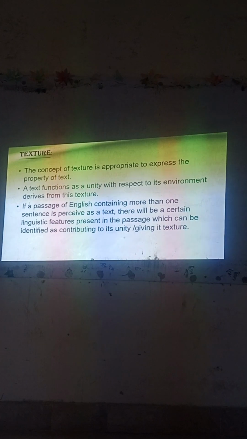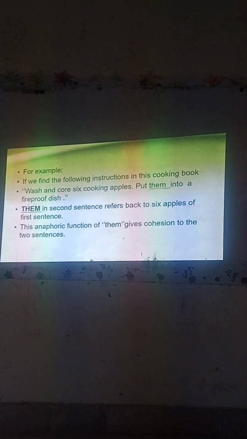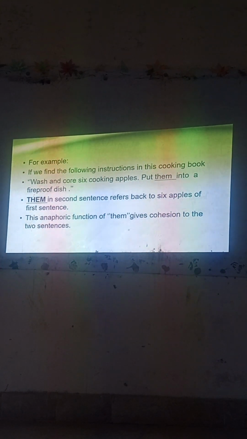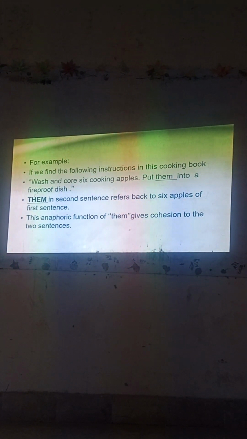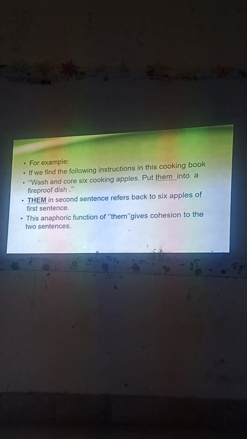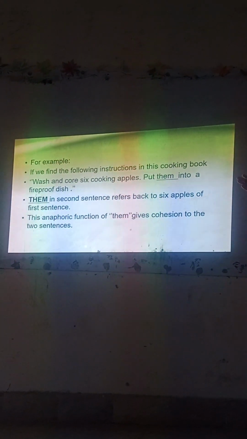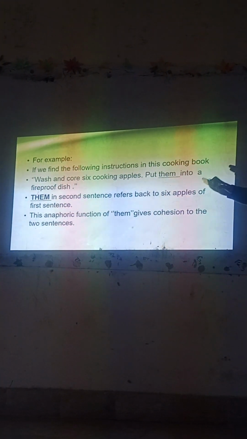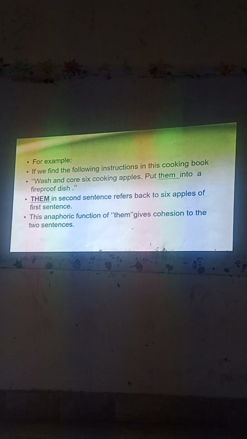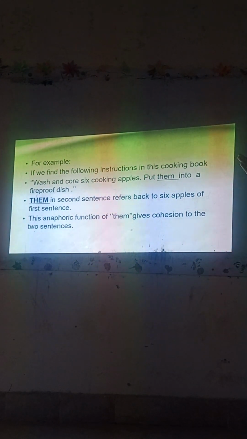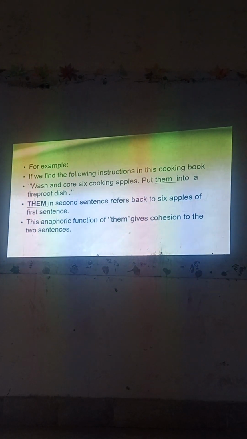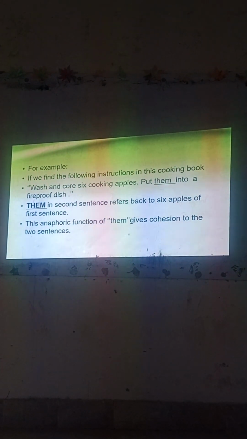For example, if I say, wash and core 6 cooking apples and put them into the fireproof dish, in order to avoid repetition of 6 cooking apples, I put them. So them is an anaphoric function that refers to 6 cooking apples in the first sentence. This anaphoric function of them gives cohesion to the two sentences. Anaphoric is something that refers back to the text.